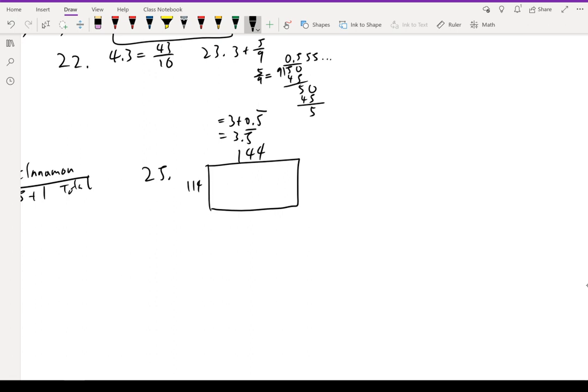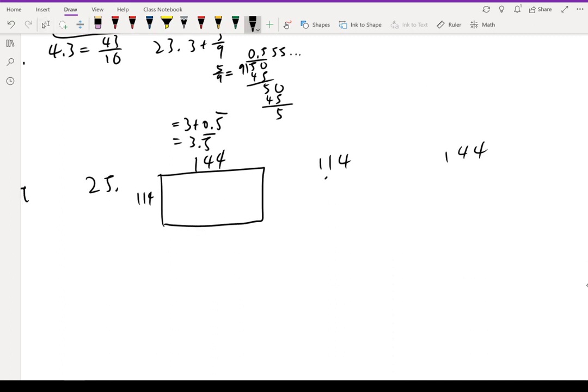So this is a question about greatest common factor. Okay, so we need to find the greatest common factor of 114 and 144. So let's do that. I'm going to factorize 114. That's 2 times 57.